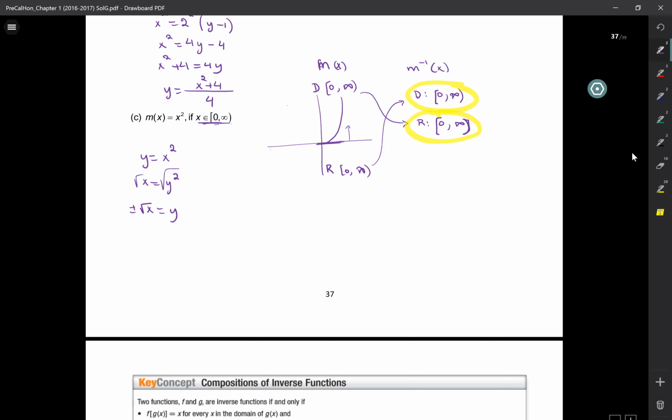That means here I can't possibly have this negative one. So m inverse of x is only positive root x. Another way of thinking is if I only take the positive side of this here, then my inverse can only be the positive here.